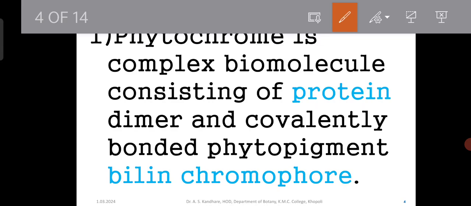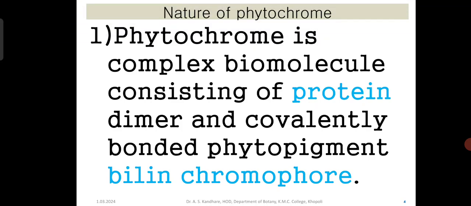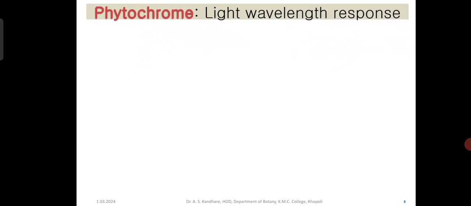Okay, so you have to remember, it contains protein, and the protein is of two units, therefore it is called a dimer, and attached to it covalently is this phytopigment called bilin chromophore. So in this way you will see that this is phytochrome. It is a complex biomolecule, and this phytochrome is sensitive to light wavelength.